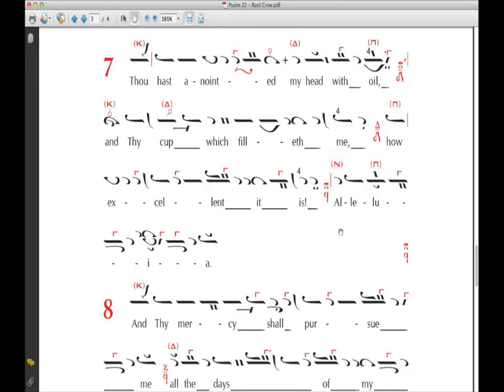Okay, so we're just hitting a high D, so no problem there. And thy cup which filleth me, and thy cup which filleth me. There's a little zo. Oh, you know what I wasn't doing.